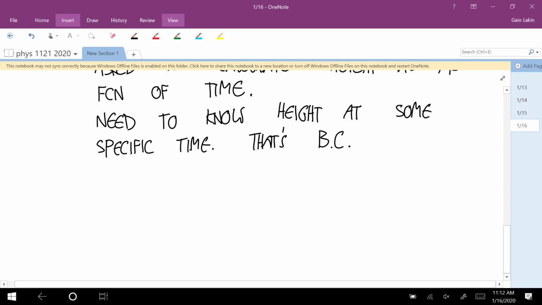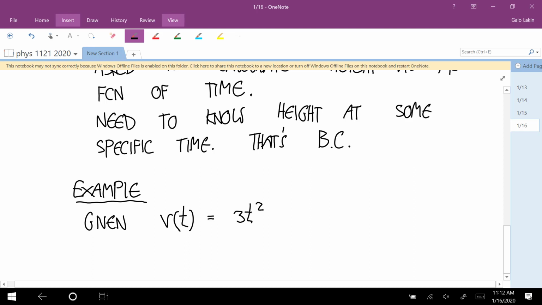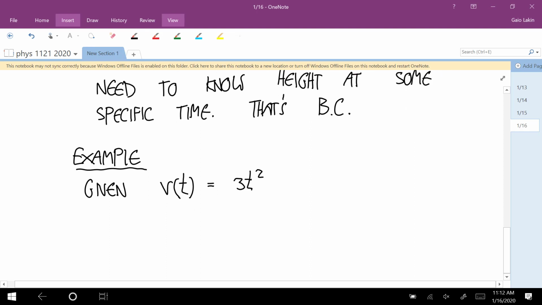Okay, so let me do an example. Let's say you're given that velocity as a function of time is equal to 3t squared, and at time equals 1 second, the position is 5 meters.